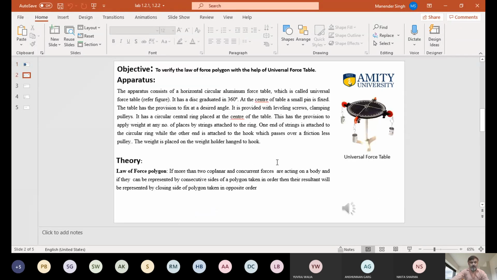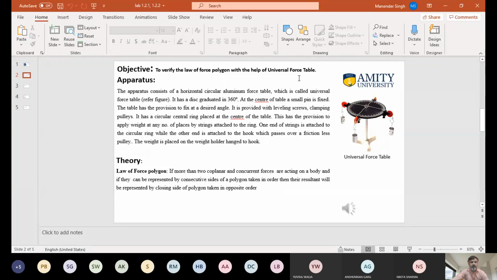Now the objective, you have to write it down. The objective is to verify the law of force polygon with the help of the universal force table.